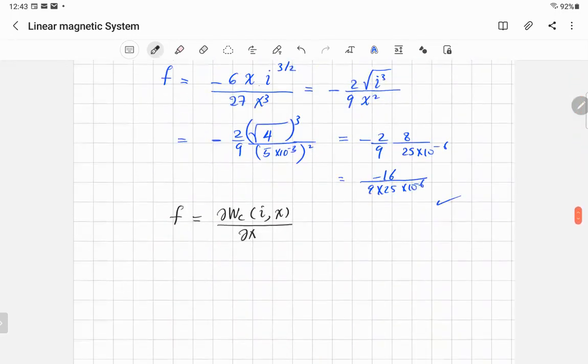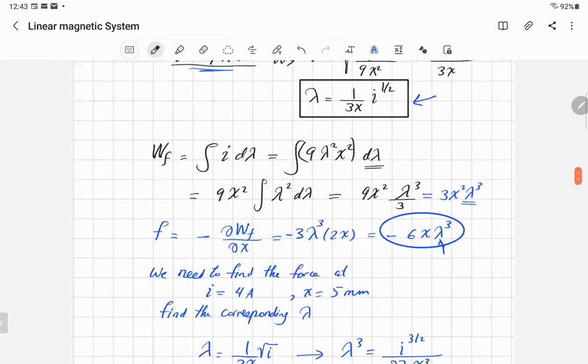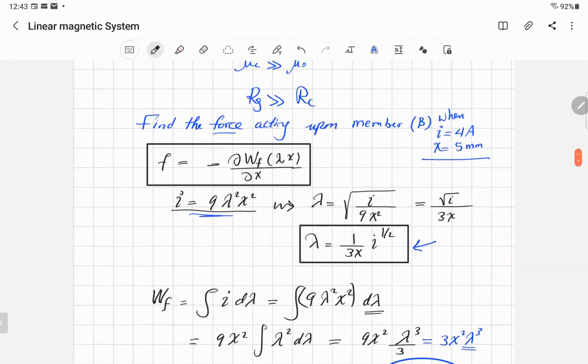How to find WC? Either you integrate lambda with respect to di, and you might ask which one would be better to use. Well, whatever is available to you. For example, if you have an expression of lambda ready, you just integrate it. Originally, in the problem, I was given a function of lambda, so lambda was not ready; I did it here.